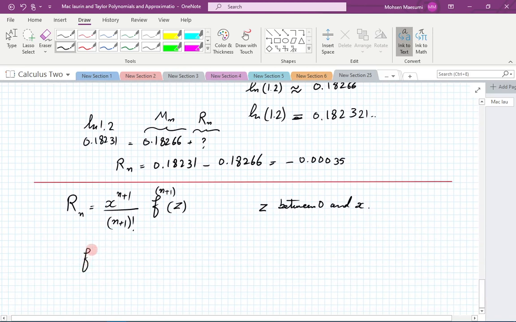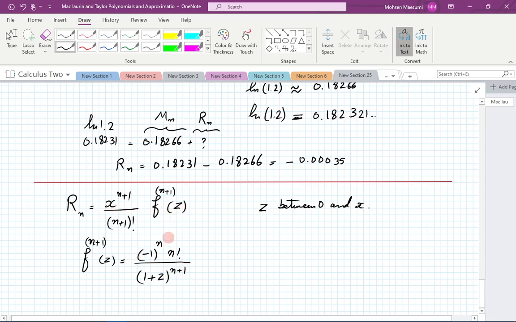I have f n plus 1 evaluated at some unknown place z. That is going to be minus 1 to the power of n factorial over 1 plus z to the power of n plus 1.